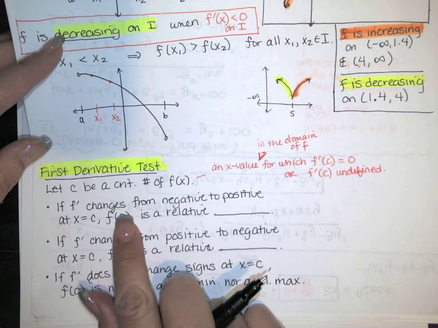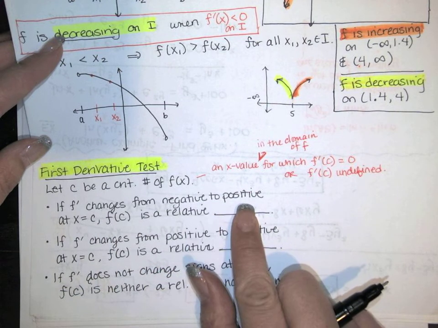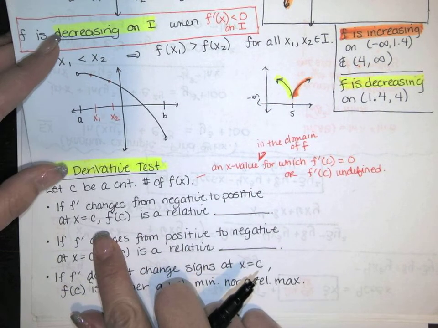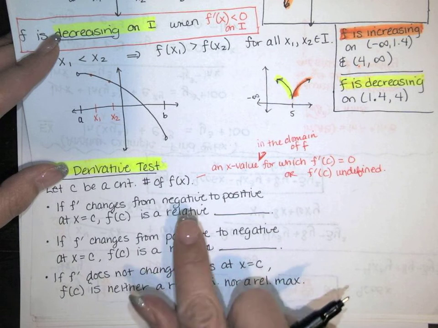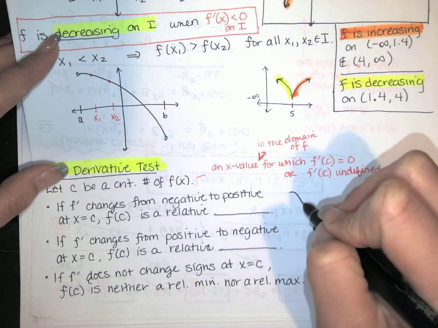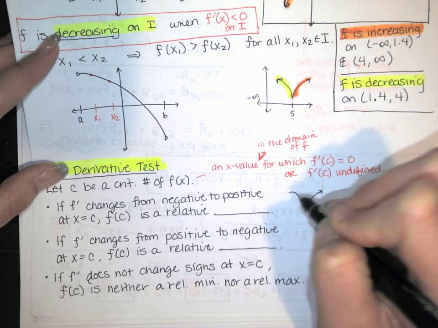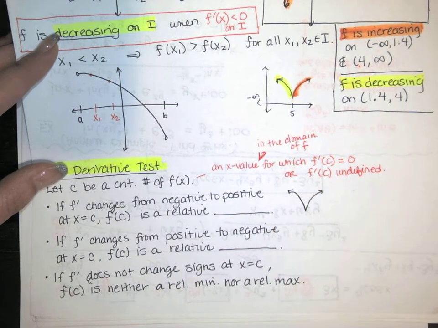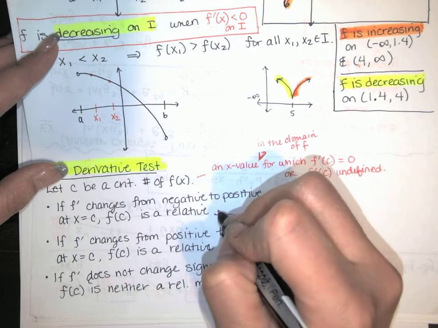If f prime changes from negative to positive at x equals C, so the function goes from decreasing on one side to increasing on the other, then we have a relative minimum. F of C is a relative minimum.